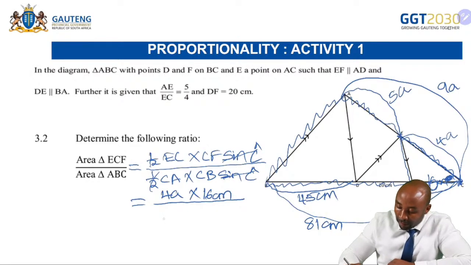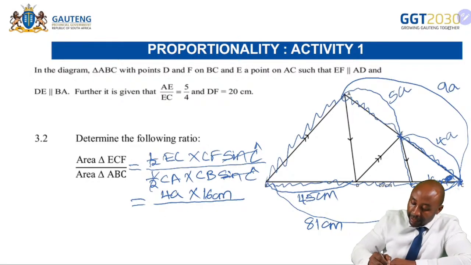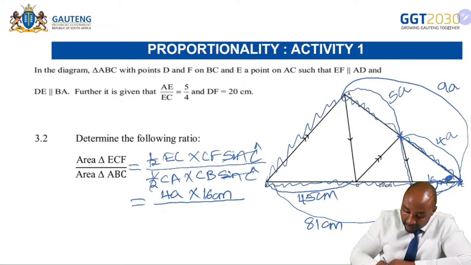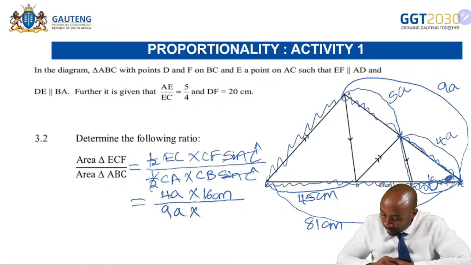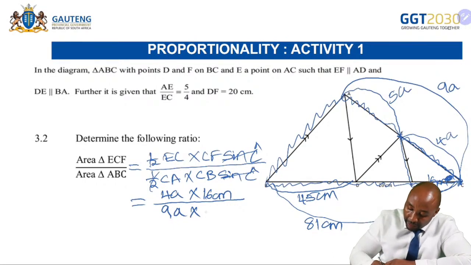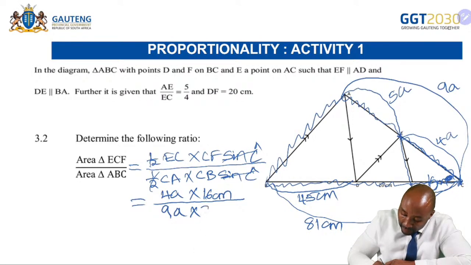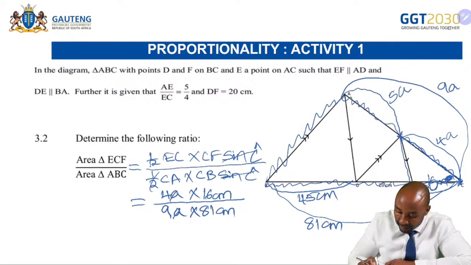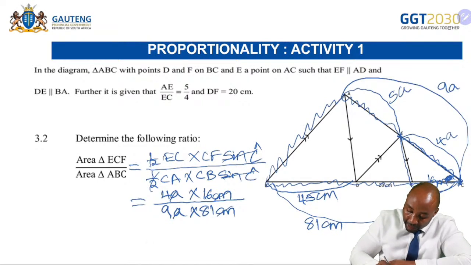So I'm now going to be able to substitute my AC. I calculated it and I got 9A times. What is my BC? I got it as 81 centimeters. My A and A will cancel out. My centimeter and centimeter are going to cancel out.